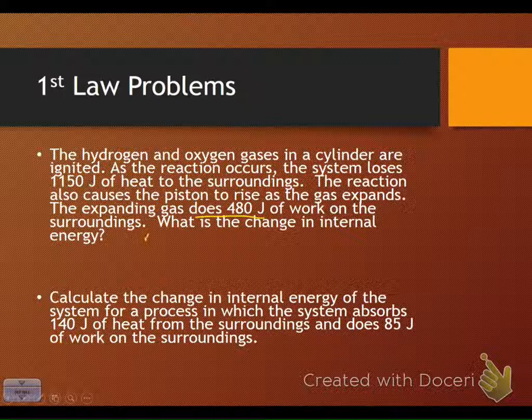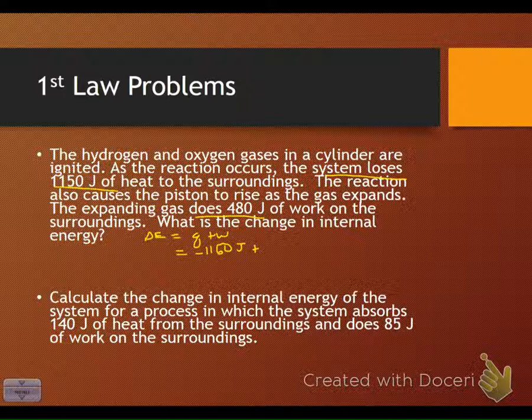Okay, so we know that delta E is equal to Q plus W. All we do is sub in and make sure we get our signs right. So it says here the system loses 1150 joules of heat, so that's going to be minus 1150 joules. And then let's figure out the work.